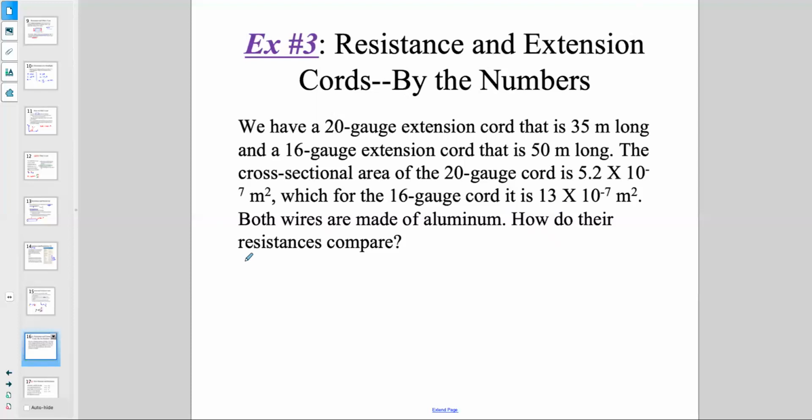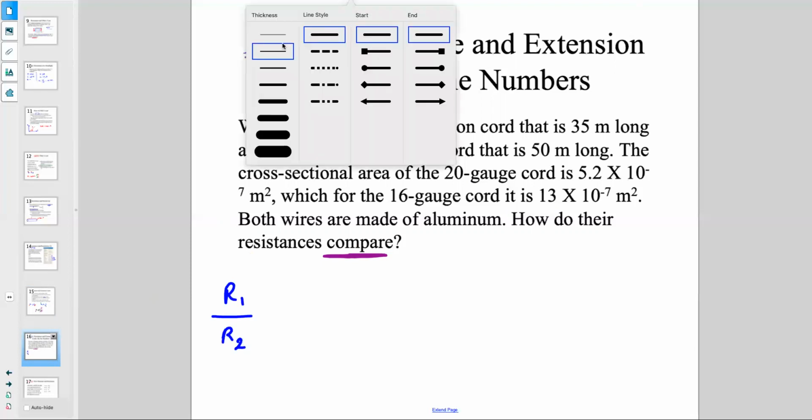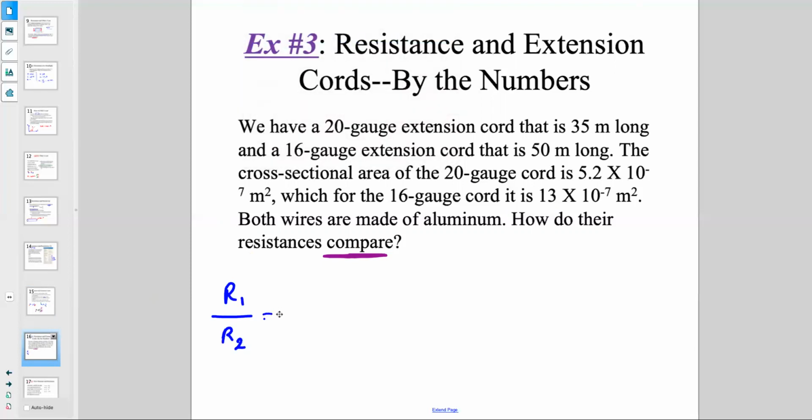I'm not going to put the numbers in my equation, but I'm going to show you how you need to do it. If you see the word compare in physics, what you need to do is make a ratio out of them, R1 over R2. R1 over R2 is rho 1, L1, A1 over rho 2, L2, A2.